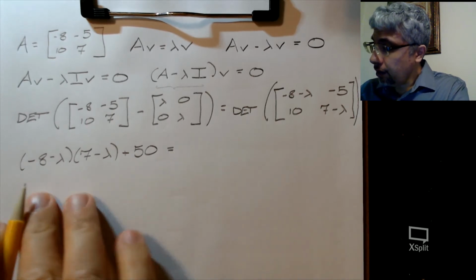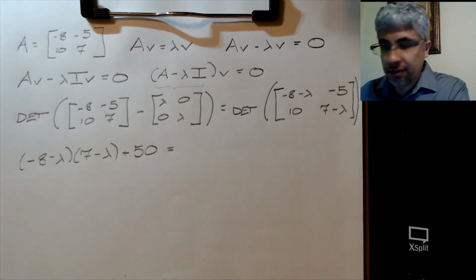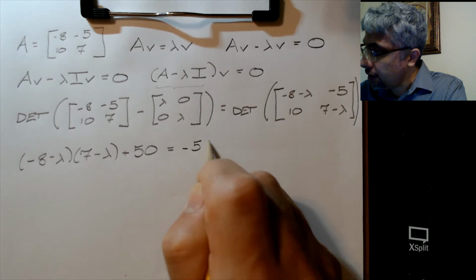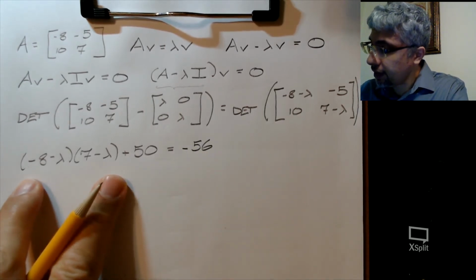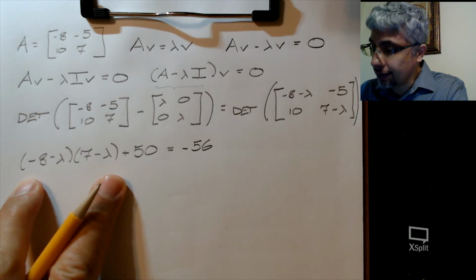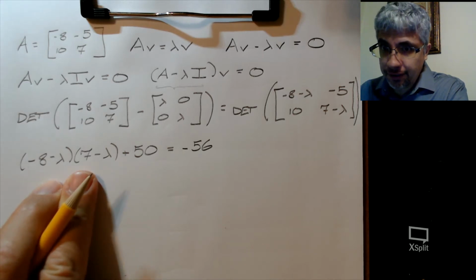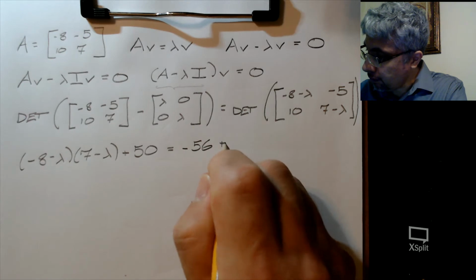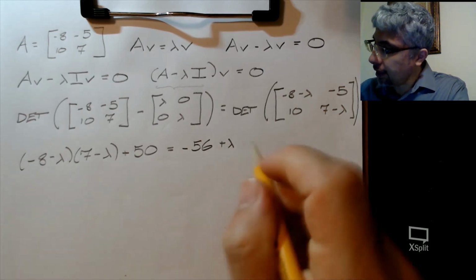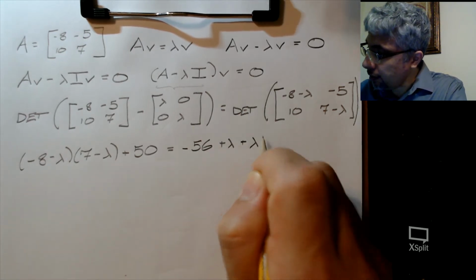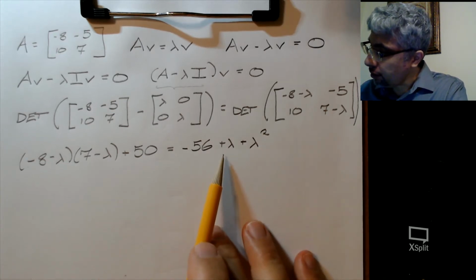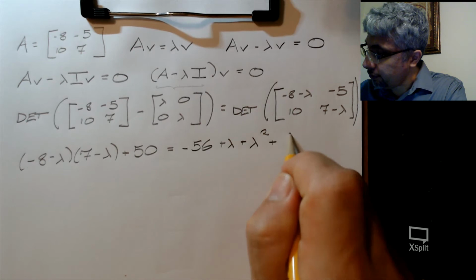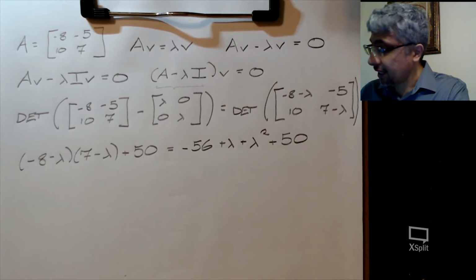And here, 7 times 8, tricky one there, so I'm going to get minus 56. And I'm going to get plus 8 lambda minus 7 lambda. And then I get plus lambda squared. And I have plus 50, of course. We don't want to forget that.